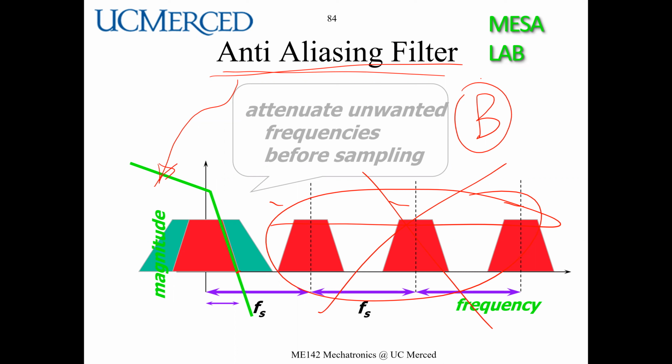You have an estimation of it, then you do two times this. Usually, to be safe, 2 is probably not enough, maybe 4 is even better. The higher the better, but the higher the sampling frequency, the higher the cost of your hardware. You have to be faster, and your data processing has to be faster too. In reality, we need to be careful about the cost.